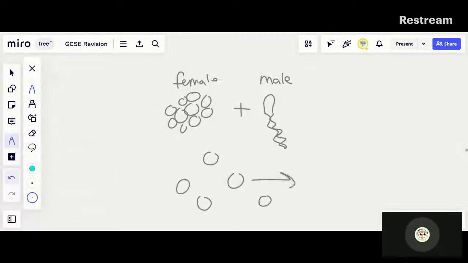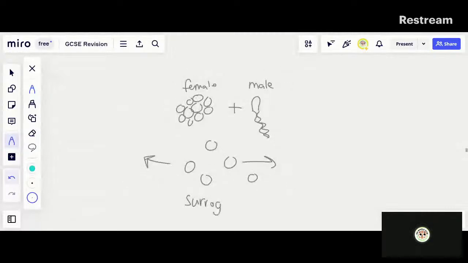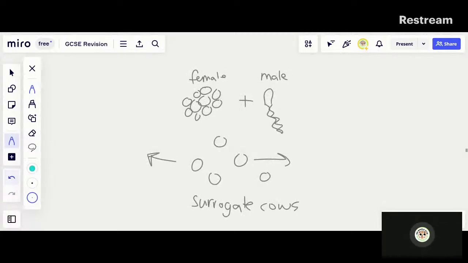And these embryos can then be implanted into what we call surrogate cows. And that means you're not only getting one cow that has a possibility of having desired characteristics, like we saw in the previous one, in selective breeding. In this case, all of the embryos are going to definitely have the characteristics, and you're going to get loads of them. That's why embryo transplants are really useful.